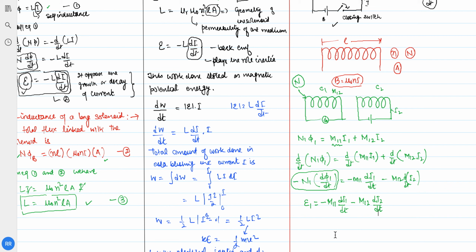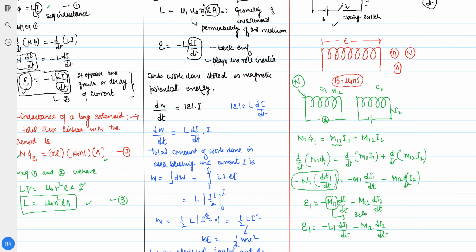Now you can write this part as L1. So this could further be written as the EMF in the first coil is equal to minus L1, the coefficient of self-induction, times di1/dt, minus M12 di2/dt.